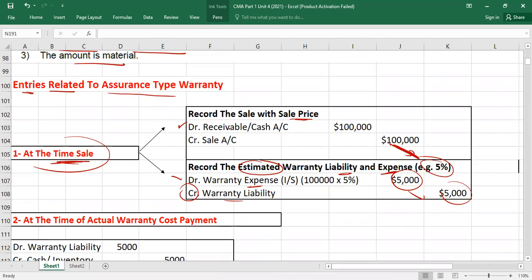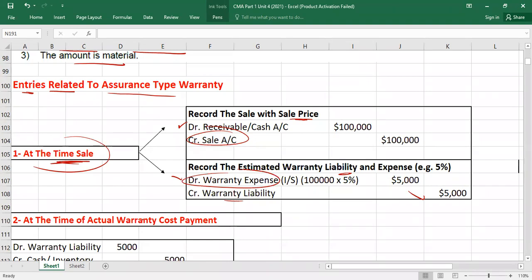Understood? So for your book, for your exam, when you record the revenue, this is an accrual concept also. You are also recording the relevant expense, warranty expense. Understood? Clear?